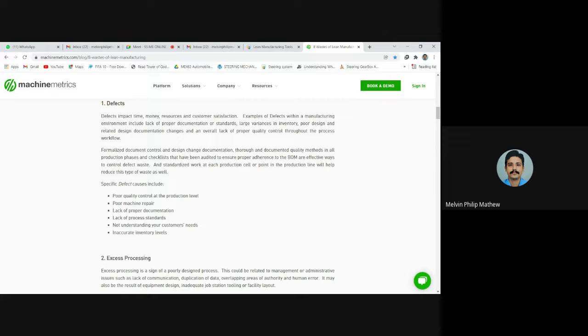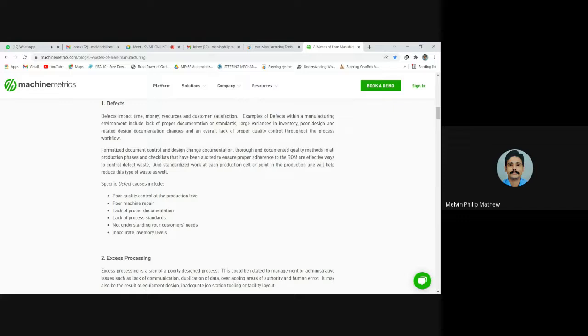If it is not done that way, that particular product may come with a defect. And what does a defect do? It impacts time, money, resources, and customer satisfaction. So that is the problem with defects.